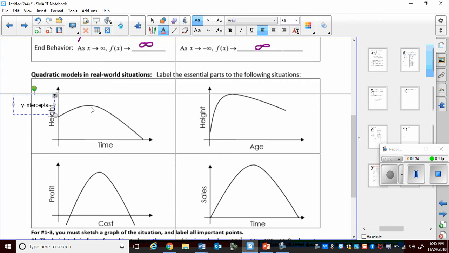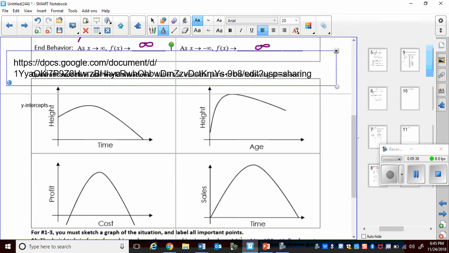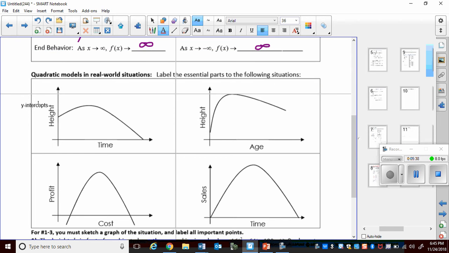We're going to go back and go through each one of these. So we're going to have y-intercepts in several places here. I'm just labeling and getting this ready for you. All of my y-intercepts, I'm going to highlight.